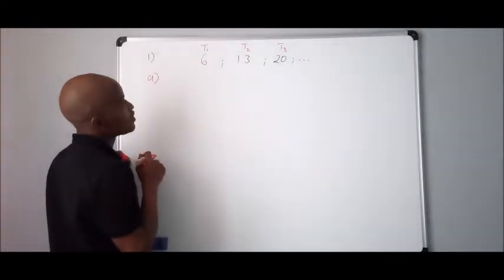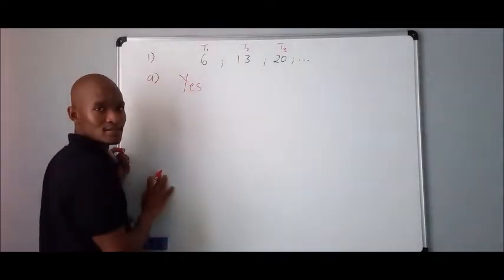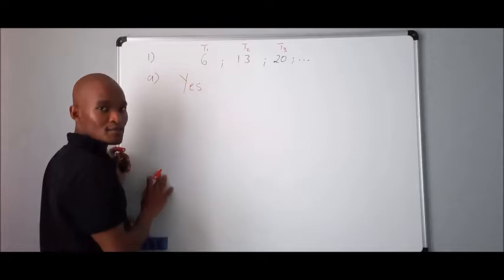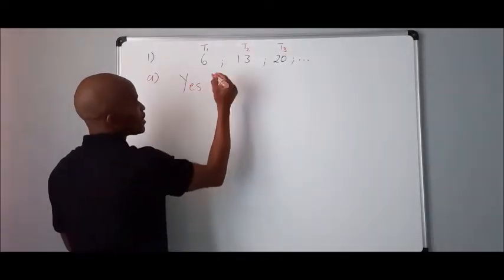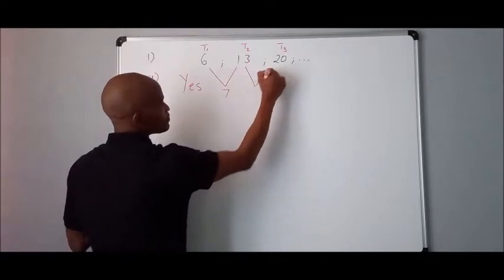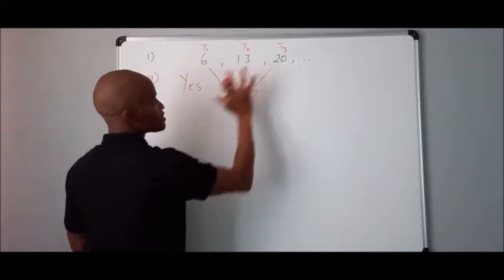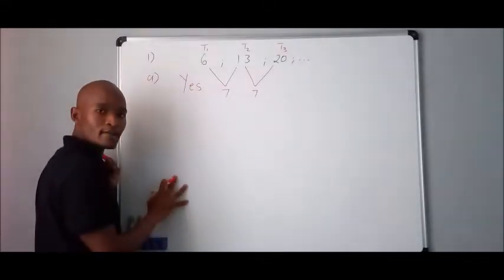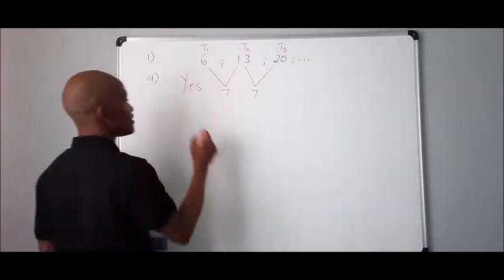So let's start. We can confidently say, yes, it is an arithmetic sequence, okay? And how can we prove that? We can see that from one term to the next, or between any 2 consecutive terms as they are given like this, we have a constant difference of what? 7, okay?